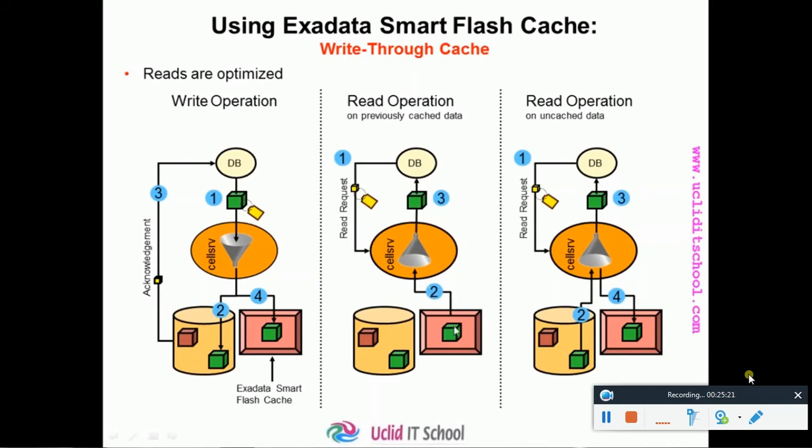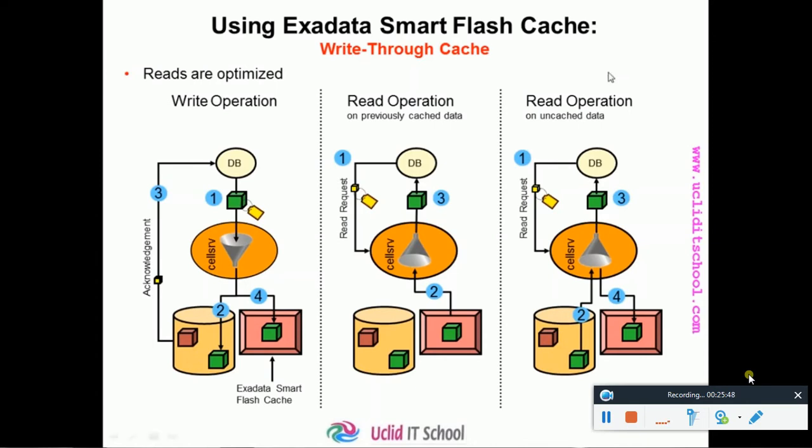The data block was already cached earlier, so it is already present in the flash cache. From there it will serve the database server. That way it avoided hard disk, physical disk I/O, so this read operation will definitely be completed in quick time.